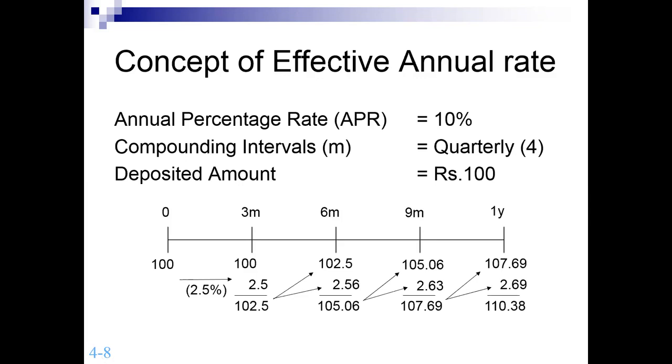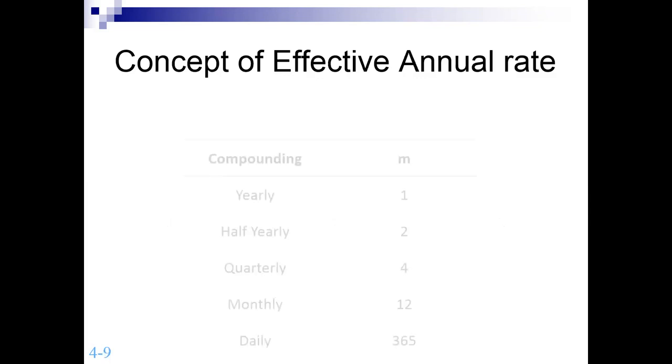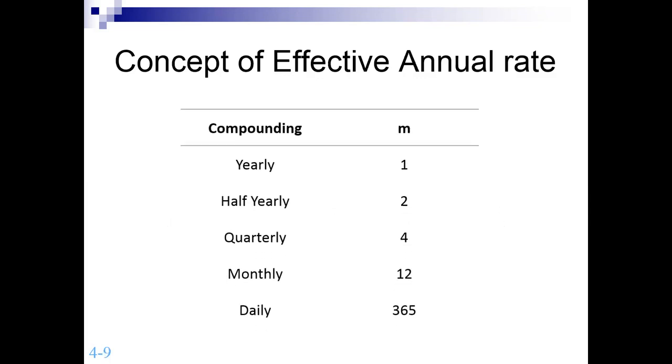As you have seen in the two examples, in the first example you had two intervals, and in this case you had four intervals, and so on. So this is the actual pattern that we are working on. If we are working on a yearly basis, it means we have only one interval.